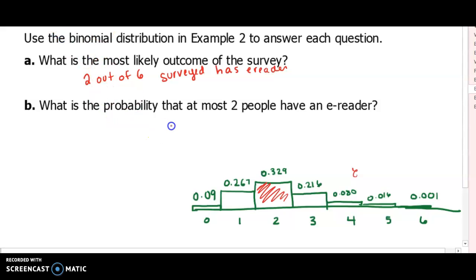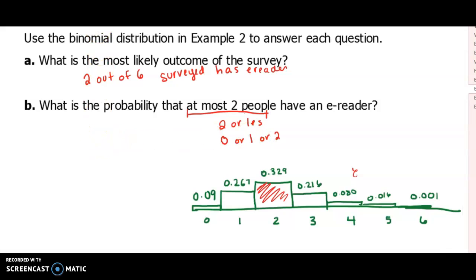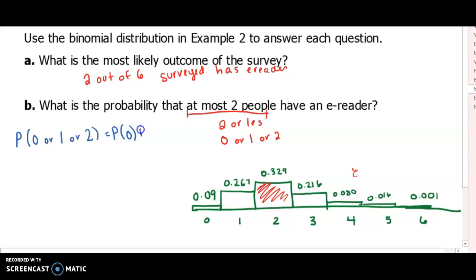All right, and then B says, what is the probability that at most 2 people have an e-reader? So this is just 2 or less, in other words, 0 or 1 or 2. So go back to our formulas. The probability of 0 or 1 or 2 is the probability of 0 plus the probability of 1 plus the probability of 2.